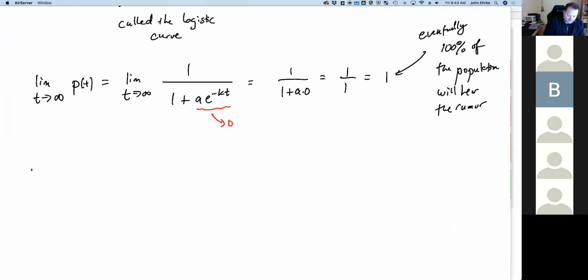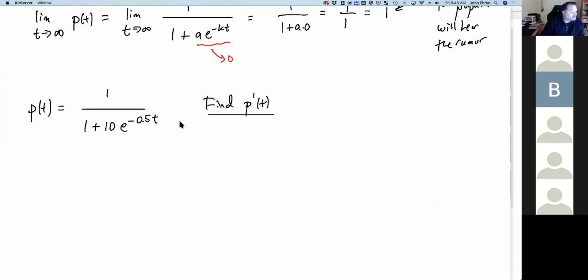So in terms of doing it by hand, if I know that P of t, so a is 10, is 1 over 1 plus 10 e to the minus 0.5t, I want to find the derivative of this function. In order to do that, I could use quotient rule because this is clearly a quotient, but let me suggest that the better way is to think of this function as 1 plus 10 e to the minus 0.5t raised to the negative 1.